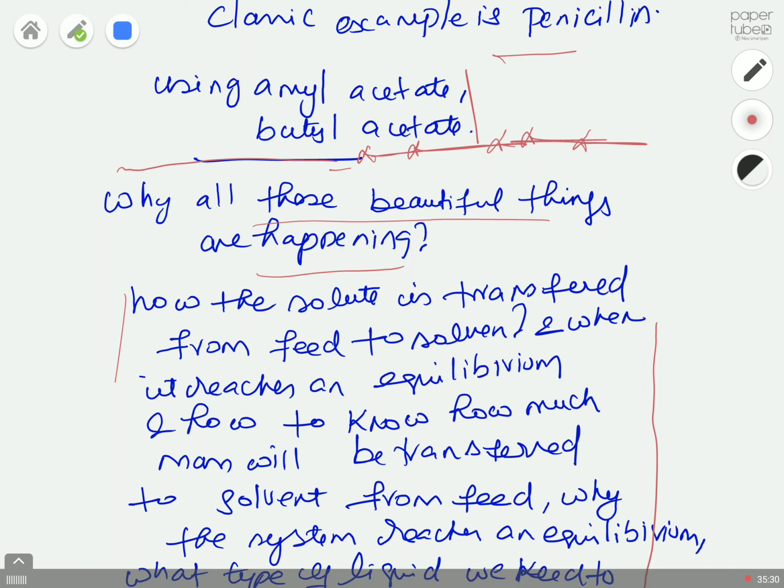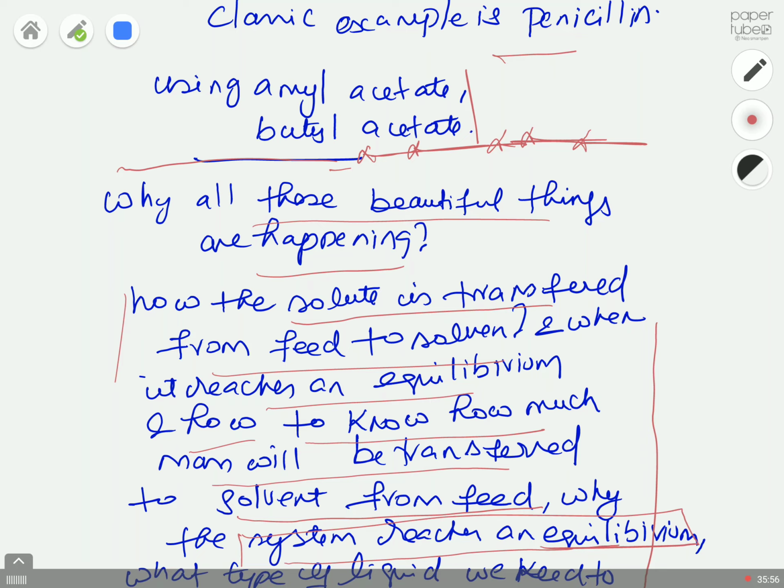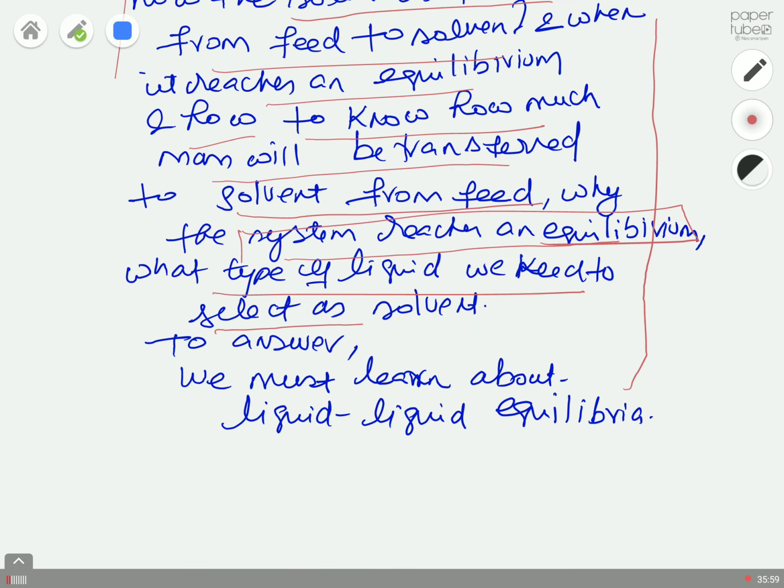If you want to know the inner details, or understand how the solute is transferred from feed to the solvent side, what happens when the system reaches equilibrium, how much mass will be transferred from your carrier liquid to your solvent, and what type of liquid to select as a solvent, to answer all these things we must learn something we call liquid-liquid equilibrium. This is what we are going to cover in the next lecture.